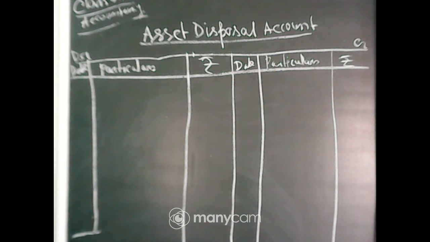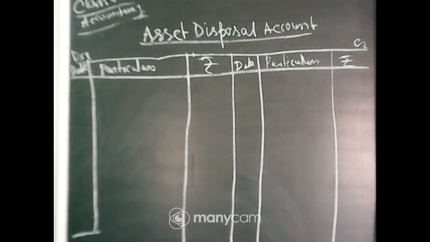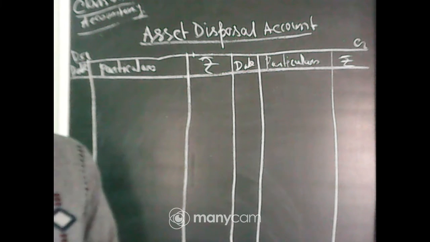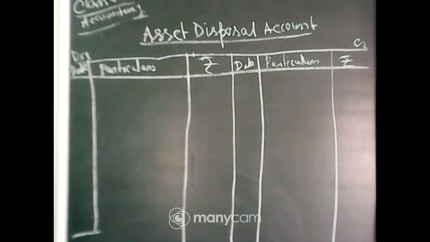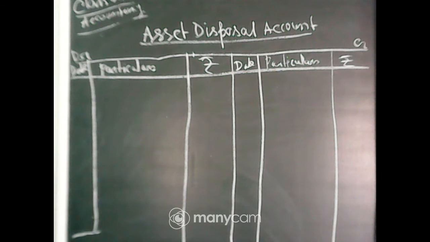Here I am just doing the asset disposal account, the account related to sales. Which machine are we selling? The machine we purchased for rupees 2 lakh, we are selling now. The original cost is 2 lakh. So the first journal entry, which I discussed last day, is debit asset disposal account.